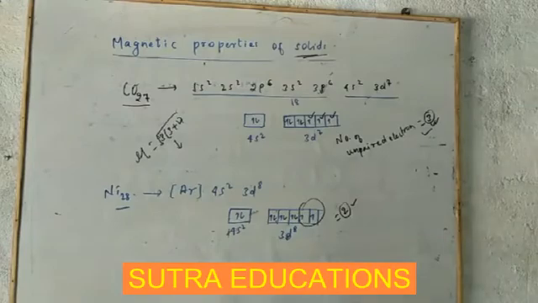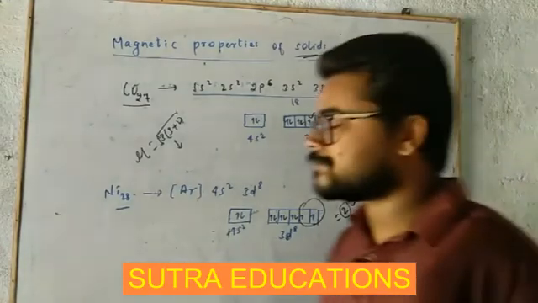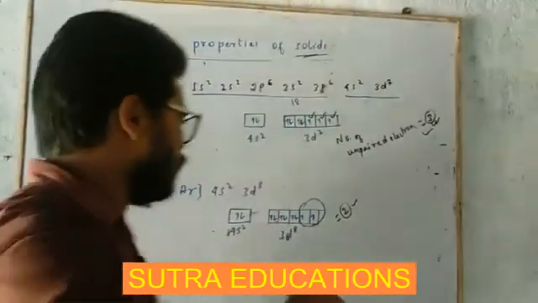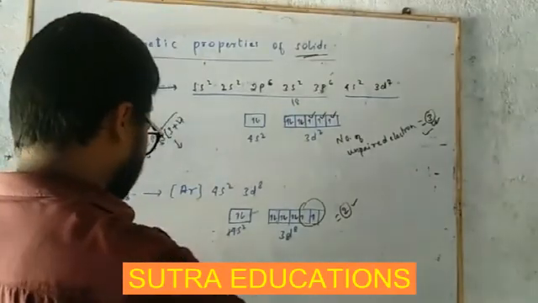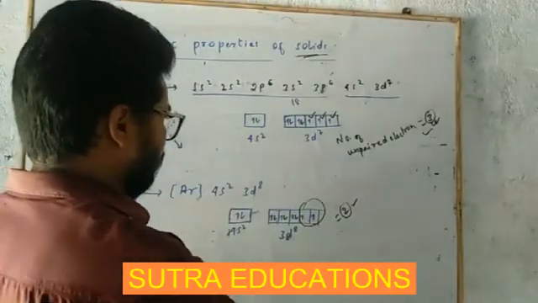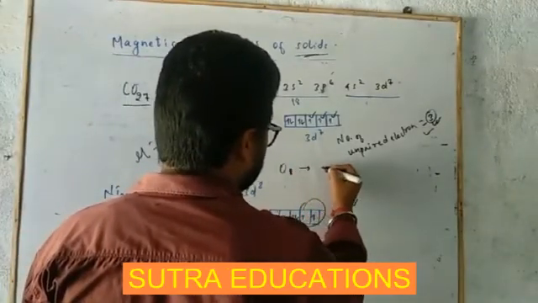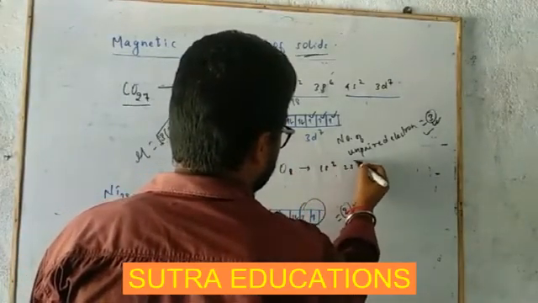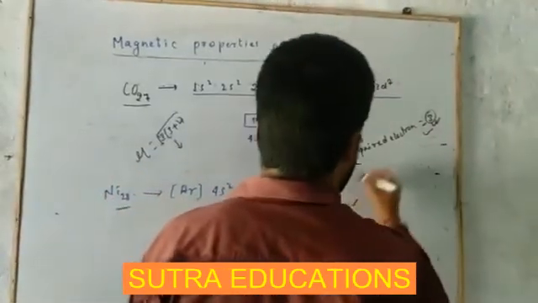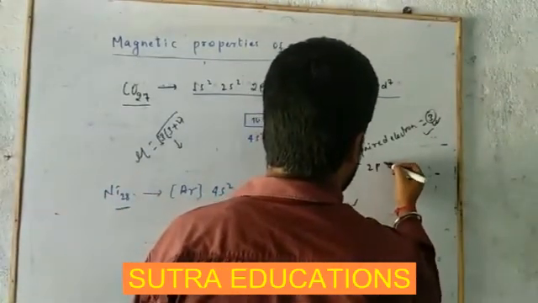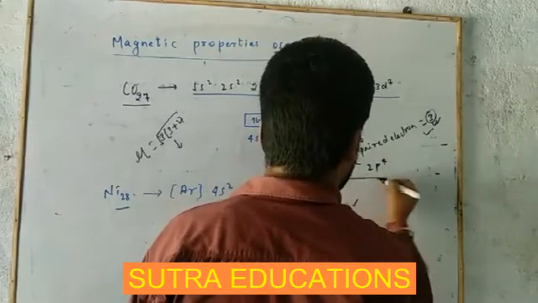And you have to remember one thing, oxygen. Just draw oxygen. Oxygen is 1s2, 2s2, 2p4.